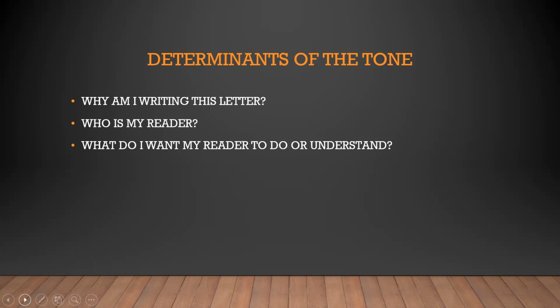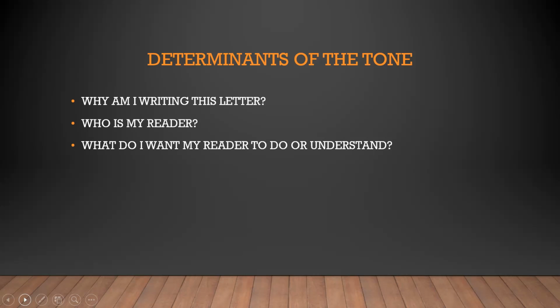Do I want them to read and accept it, or take some further action? Or you can have different kinds of aims. So basically, when you look at the tone, there are three aspects: the purpose of the letter, the nature of the audience, and the ultimate goal or aim of the letter. So you need to keep these things in mind and see that your tone matches these elements.